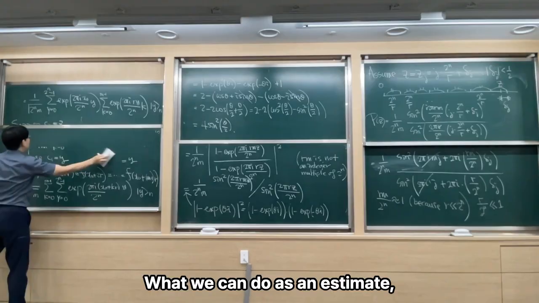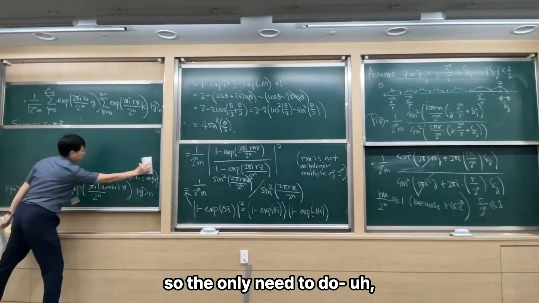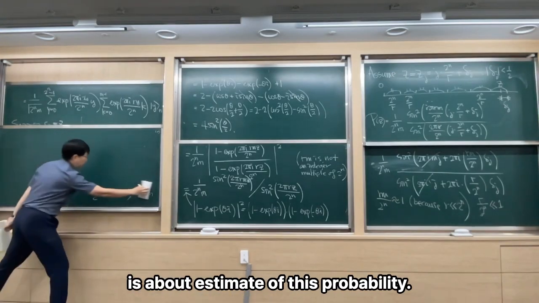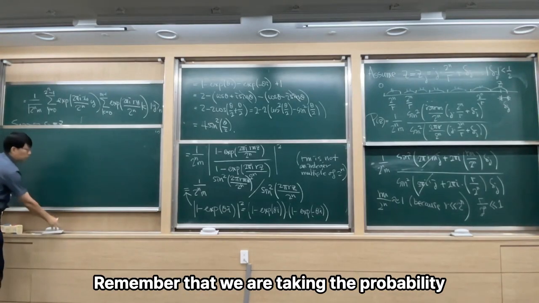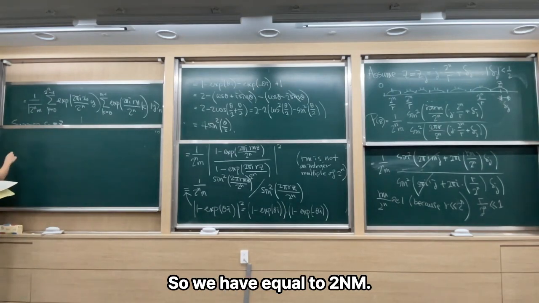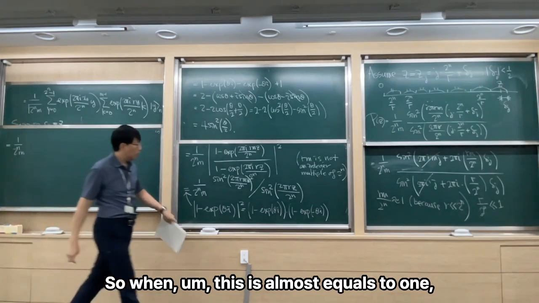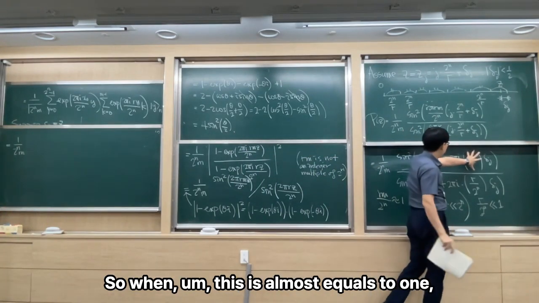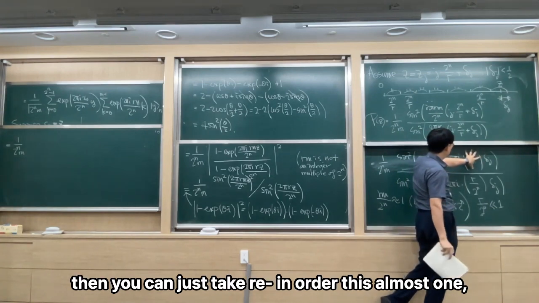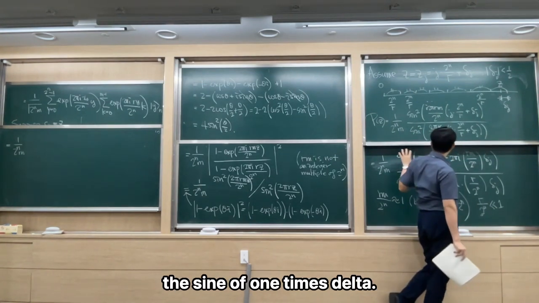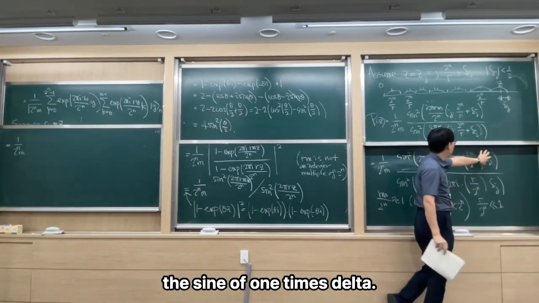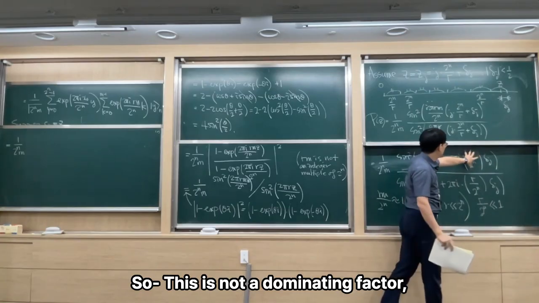So now, what we can do as an estimate, all we need to know is an estimate of this probability. Remember that we are taking the probability of taking a measurement of z. So we have it equal to 2^n m. When this is almost equal to 1, then you can just ignore that, it's almost 1, the sine of 1 times delta. So this is not the dominating factor.